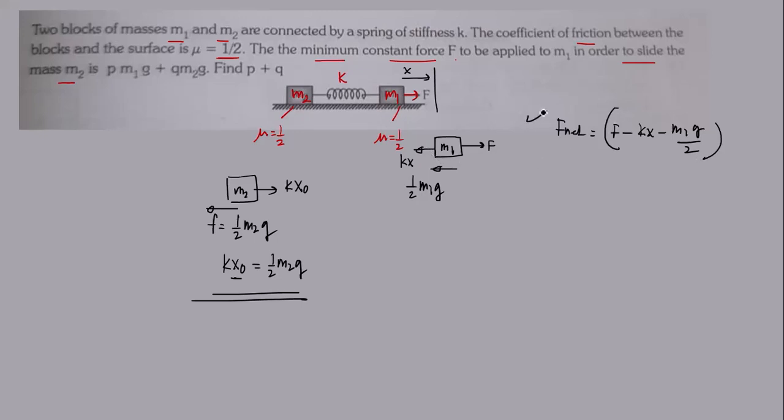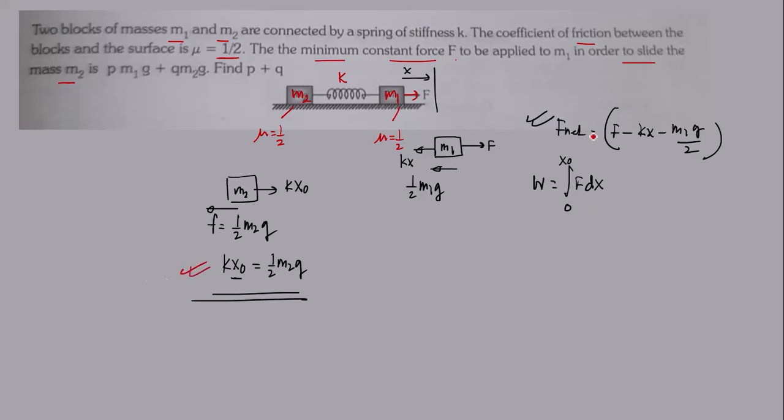Because of this net force, the elongation takes place, and I want to calculate the work done by the force F for the elongation produced. Work done is the integration of F dx, where x goes from 0 to x0, because x0 is the minimum elongation required to start M2 moving, which we have already calculated.